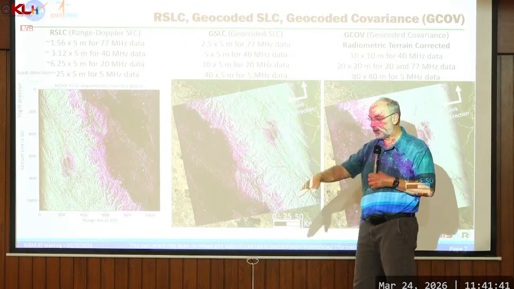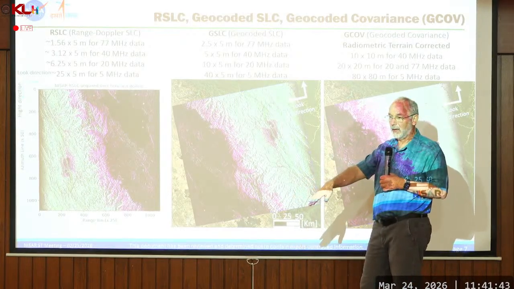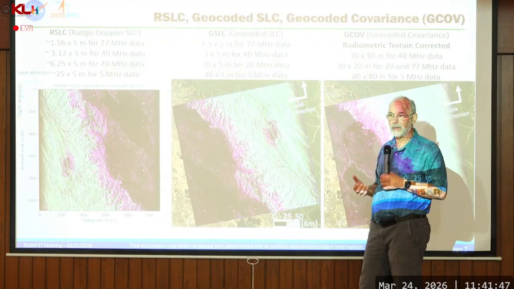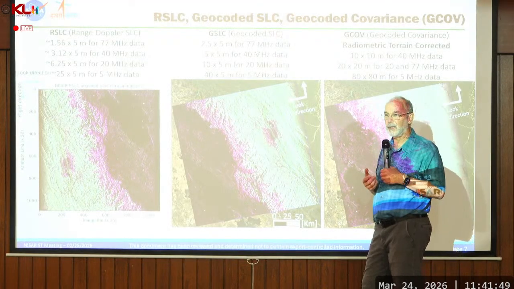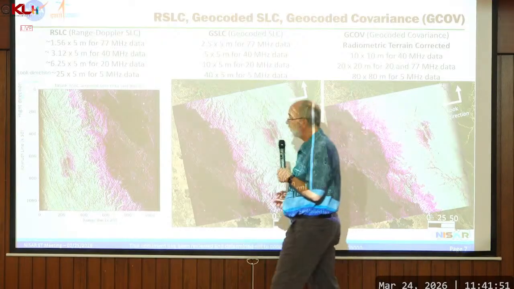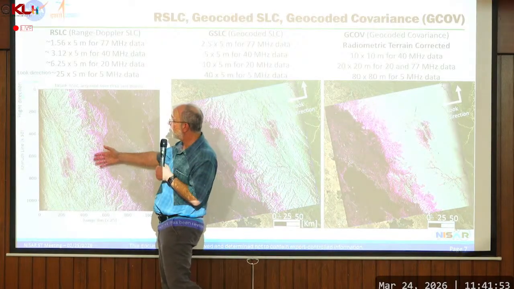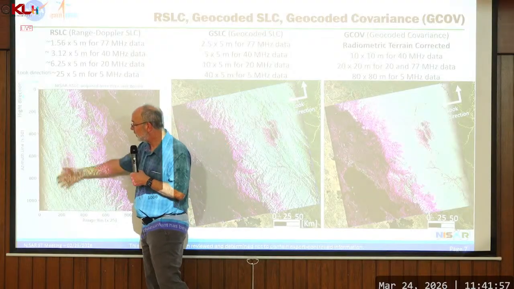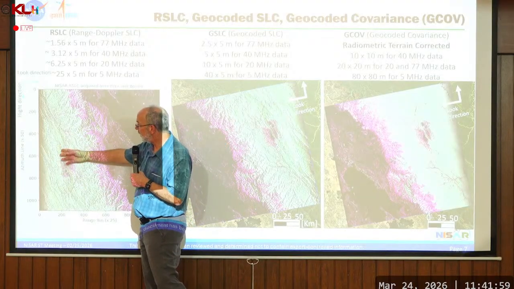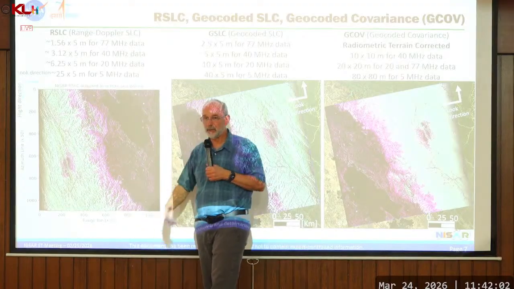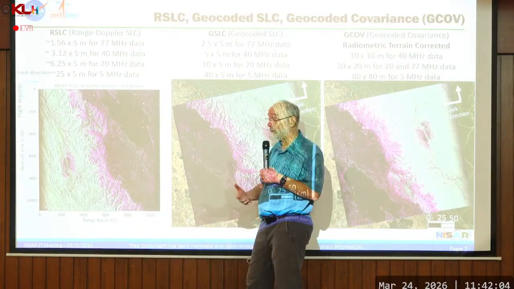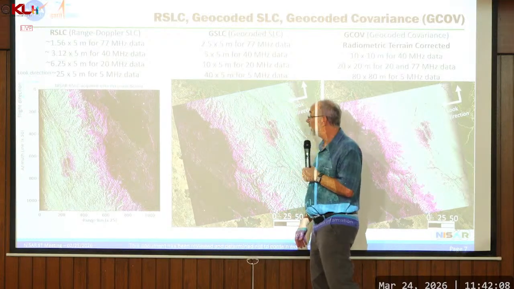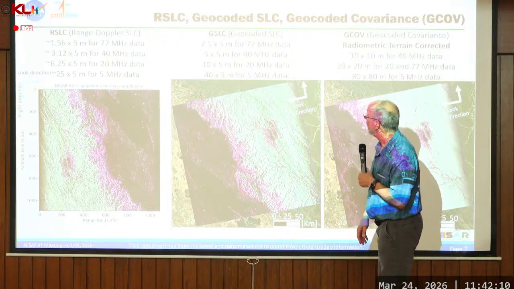Because the radar looks off to the side, we have brightness modulations that are due to the topography itself, as I mentioned yesterday in my lecture. So if you look at a standard GRSS image, you see vegetation, but you also see brightness modulation that is reflective of the topography itself. Ideally, you would want to remove that.